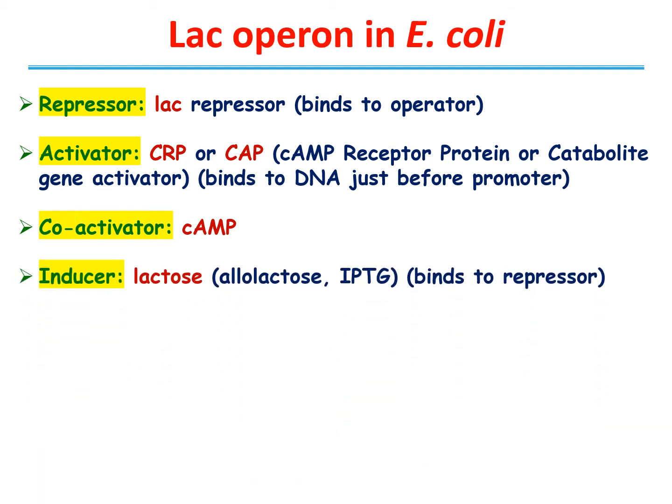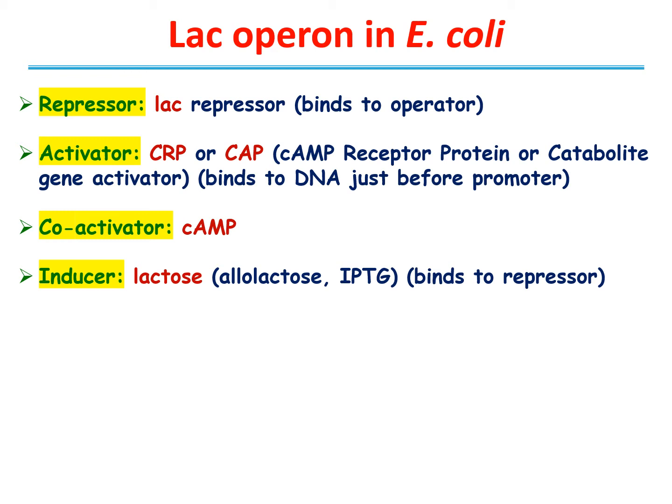Then the operator has an inducer. Now remember, the inducer is the molecular signal which, in the case of negative regulation, goes and tells the repressor to dissociate from the operator and let the transcription go on. So the inducer in the case of the lac operon is lactose, which goes and binds to the repressor, or its form allolactose.